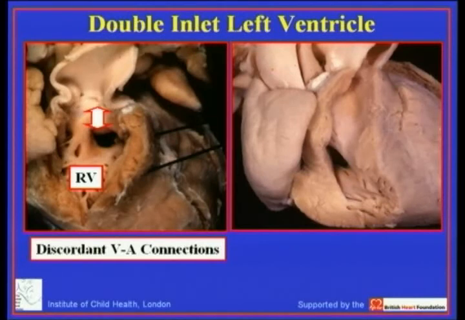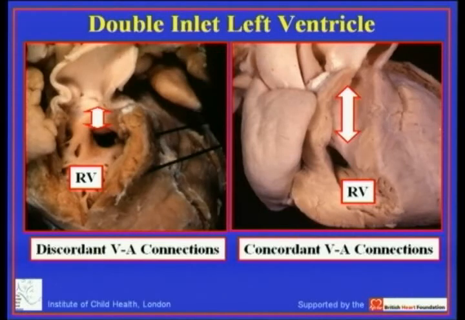This is the arrangement we see in the so-called Holmes heart, and when you only look at the incomplete right ventricle, it is not possible to tell whether this patient has double inlet left ventricle or tricuspid atresia, because in concordant ventricular arterial connections we have this added length of the subpulmonary infundibulum.